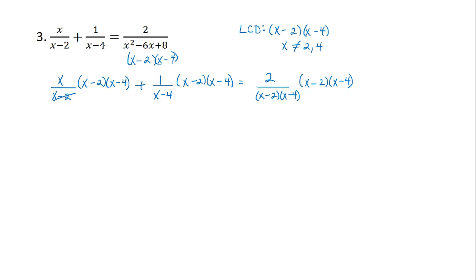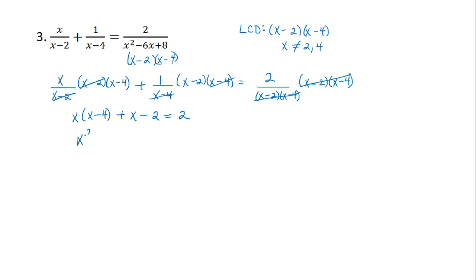Dividing out the common factors, for the first term we have x times x minus 4. For the middle term, the x minus 4's divide out, and we get just 1 times x minus 2, or just x minus 2. And then on the right, both factors in the denominator divide out to get 2.